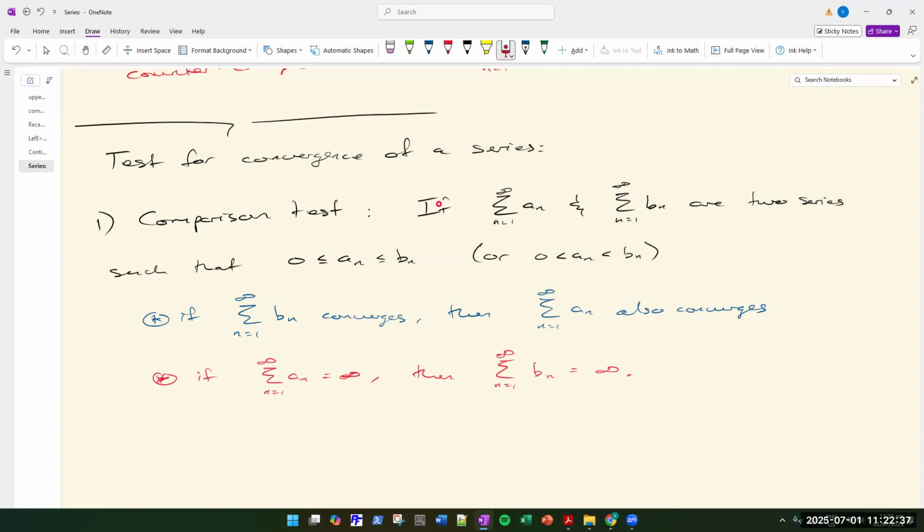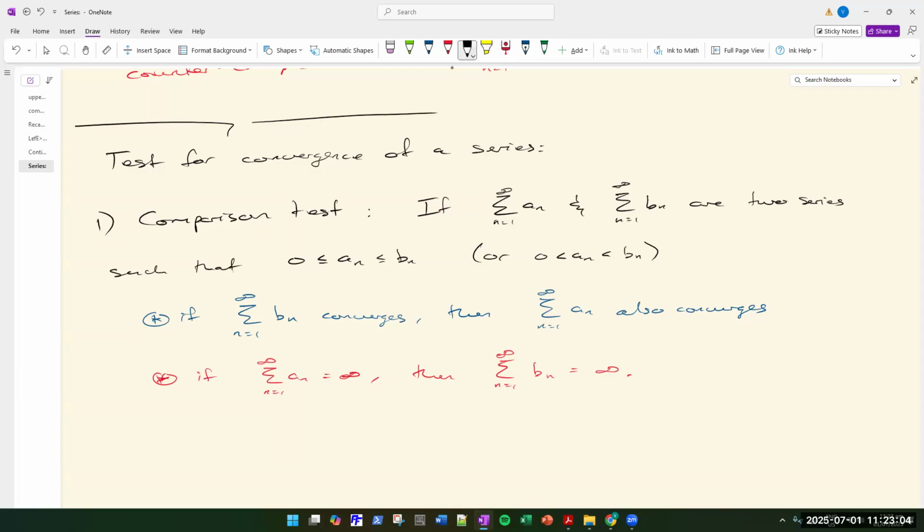This is a big restriction because it's not always guaranteed that the terms are bigger than or equal to 0. If some of the terms, maybe all of the terms, or infinitely many terms might be negative, is there a way to apply the comparison test?